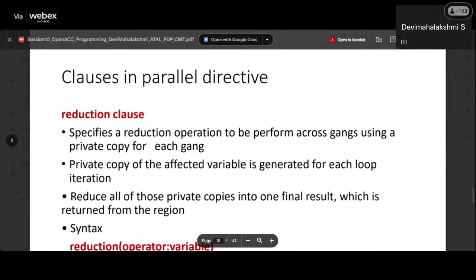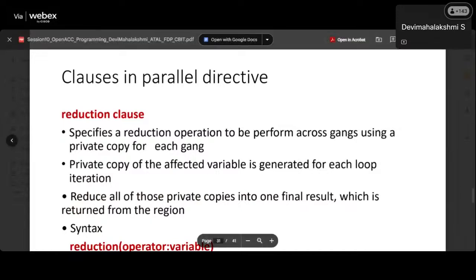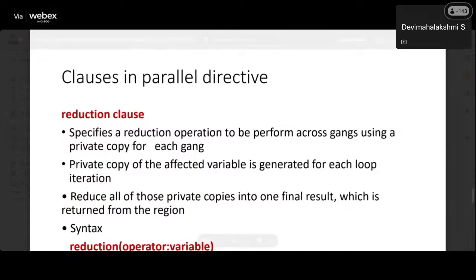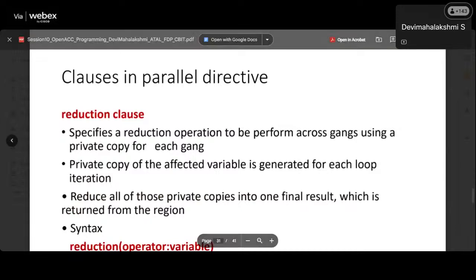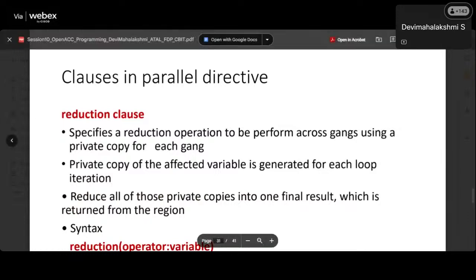The reduction clause is also available. So here, to update one data, there is a private reduction clause we have already seen. If you want to update a data in a mutually exclusive way, then we can go for reduction. Again, we have some restrictions: only some of the operations can be done using the reduction clause.